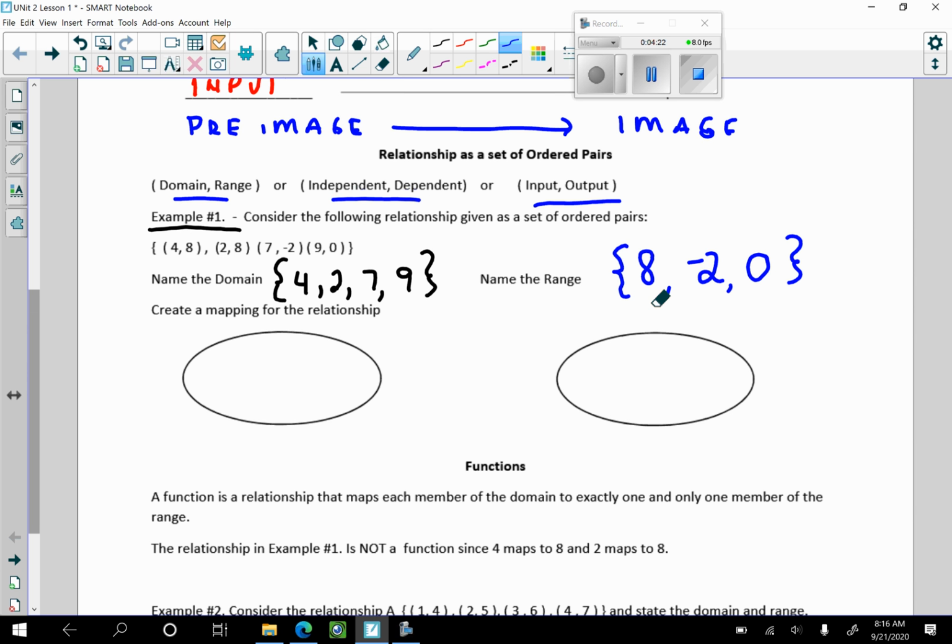And if I want to create the mapping for that particular relationship, I'm going to list each member in the domain. For the domain in red, I go 4, 2, 7, 9. Let's go ahead and write the range values down: 8, -2, and 0.